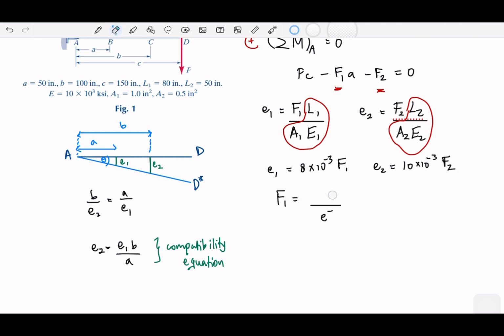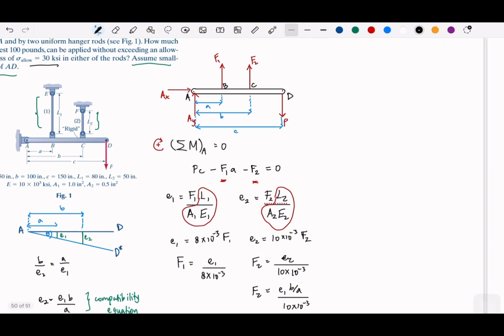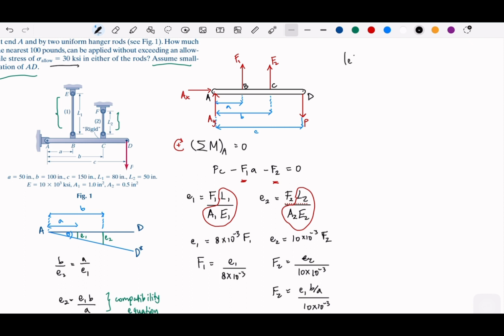Oh, wait, wrong. And suppose that we are going to change the F2 with the E1 B over A. Or let me just write with the symbols without numbers. I think that's much easier. So let F1 be L1 A1 E1 and F2 be L2 A2 E2.